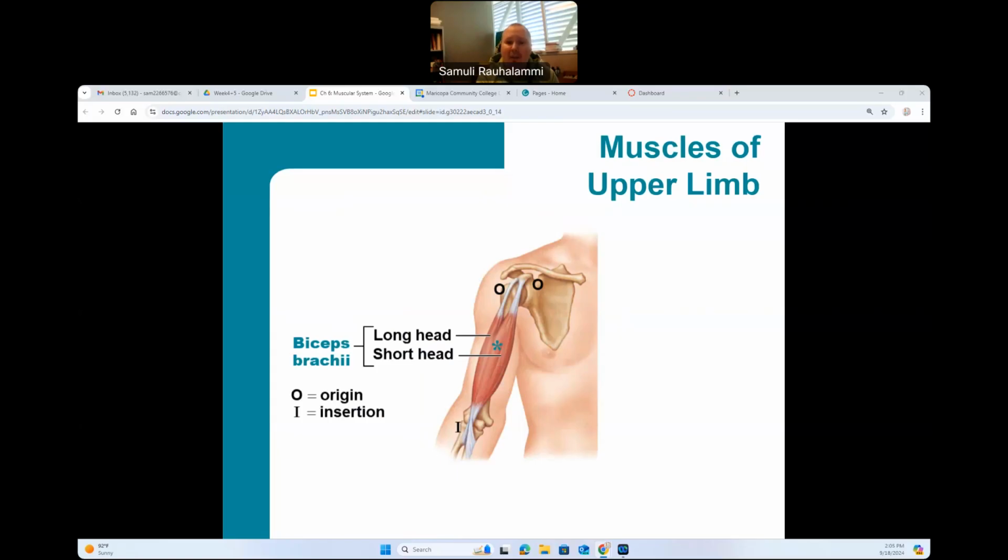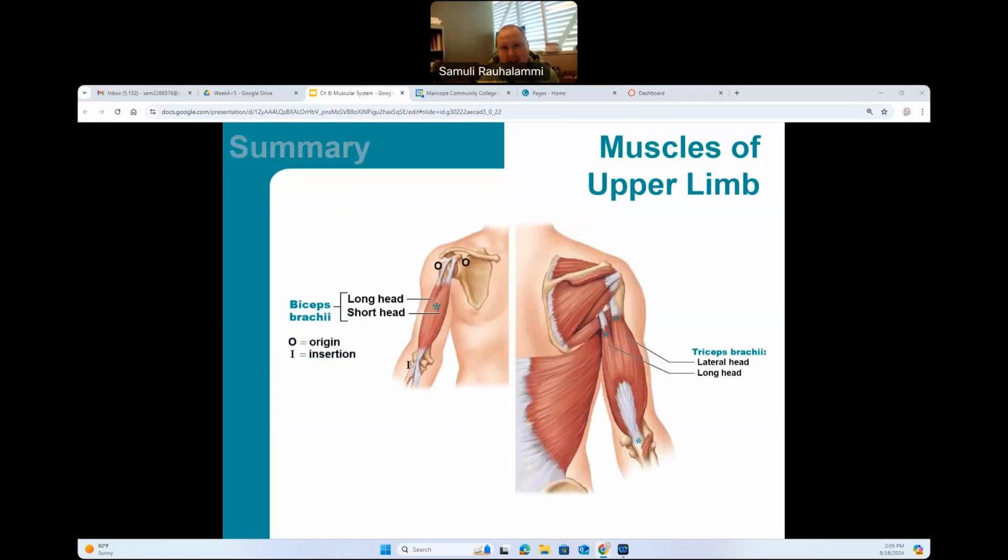And the function of the biceps brachii is really to flex and supinate the forearm. So again, notice we are looking at the anterior side, so these are going to be flexors. And again, we're seeing both of these nicely summarized here on this slide.